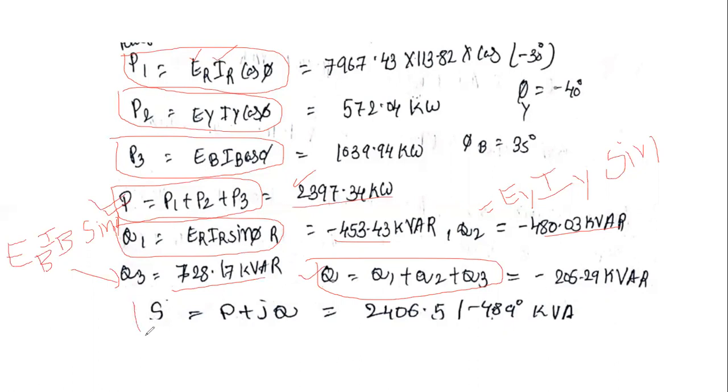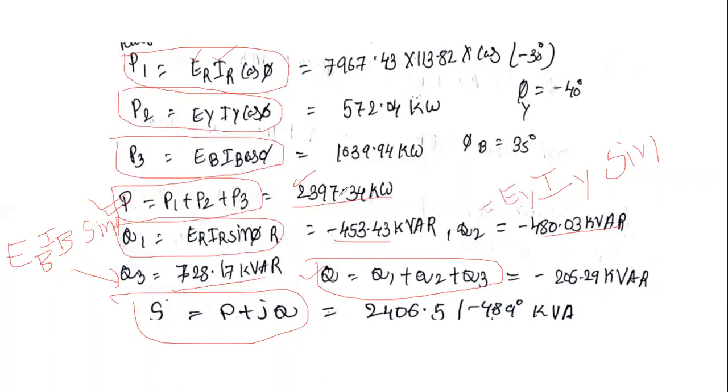Next, we calculate the total apparent power. What is the formula for total apparent power? That is S, therefore S is equal to P plus jQ. What is the real power P?